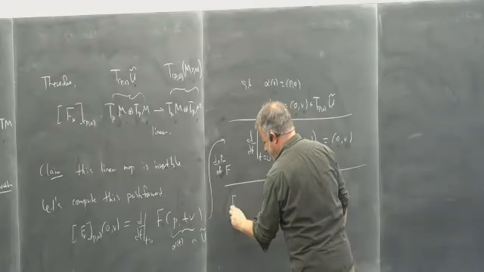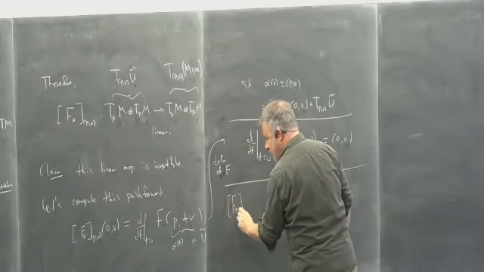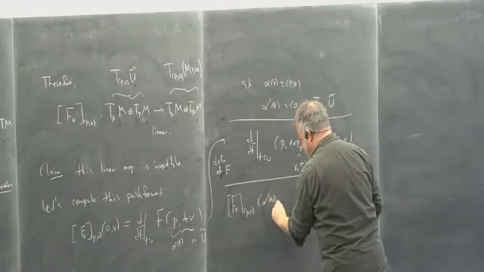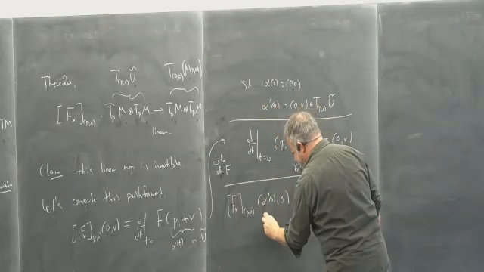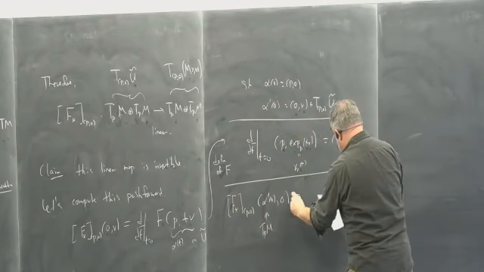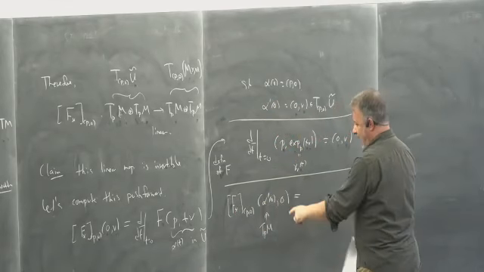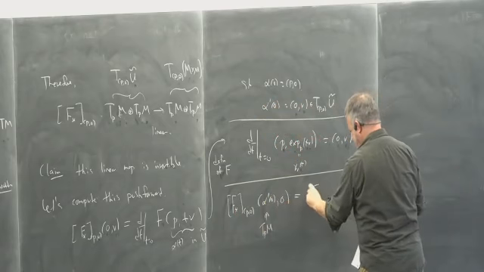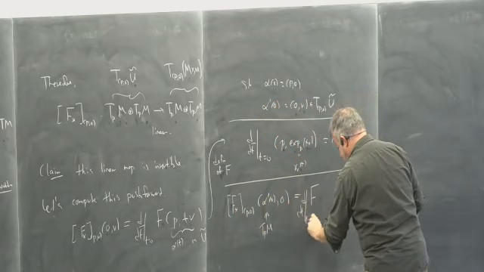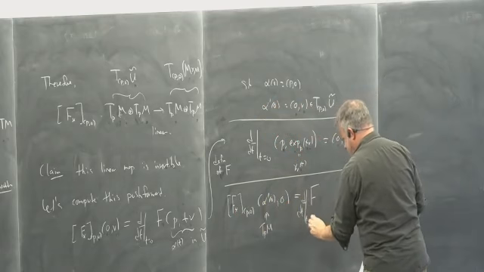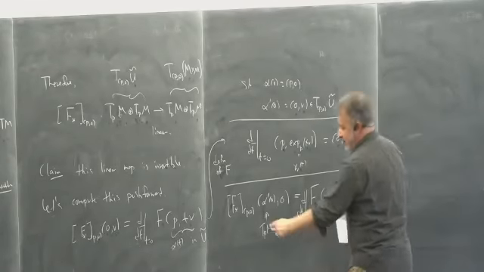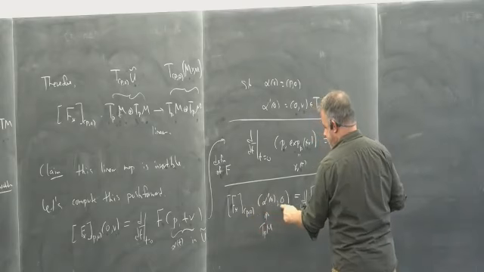Let's apply the map to another vector. I'm going to call it alpha prime of 0, 0. So this alpha prime of 0 is in T_pM. Okay, well, what do I have to do? I have to find a curve. I have to do d by dt at t equal to 0 of f applied to some curve whose initial point is p comma 0 and whose initial velocity is this.